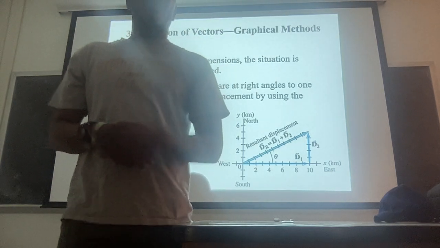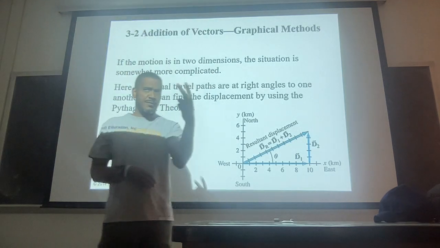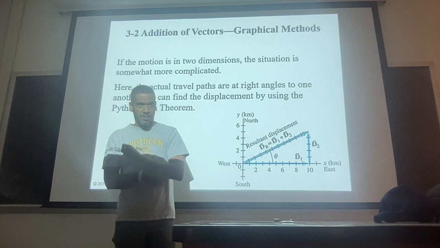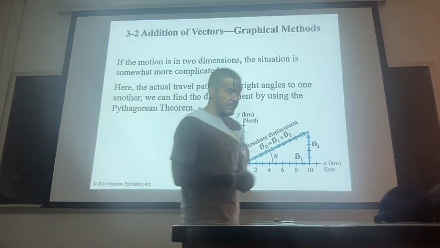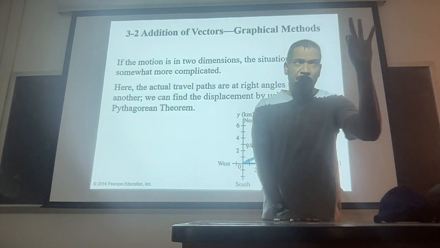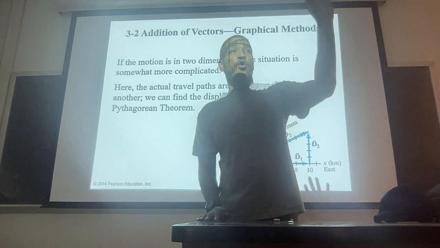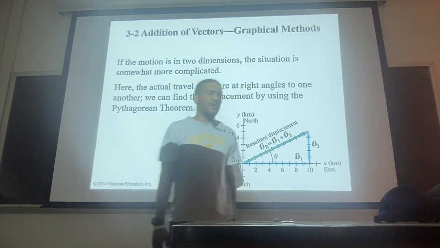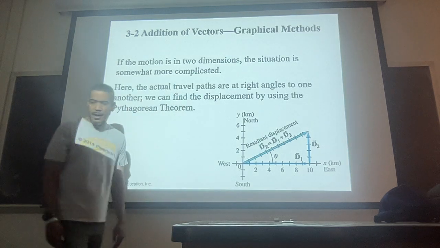So if I'm adding 2 vectors, I should end up with a 3-sided polygon, a triangle. If I'm adding 3 vectors, I should end up with a 4-sided polygon. And we're gonna get some practice with that. All right?